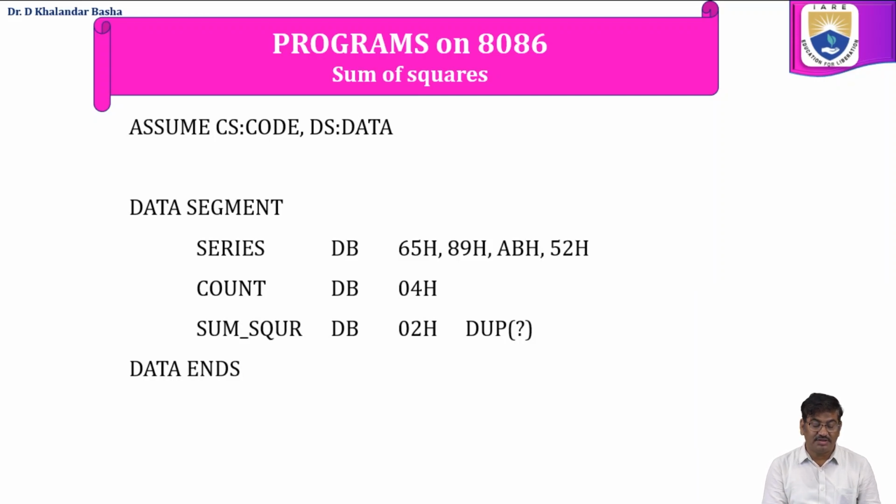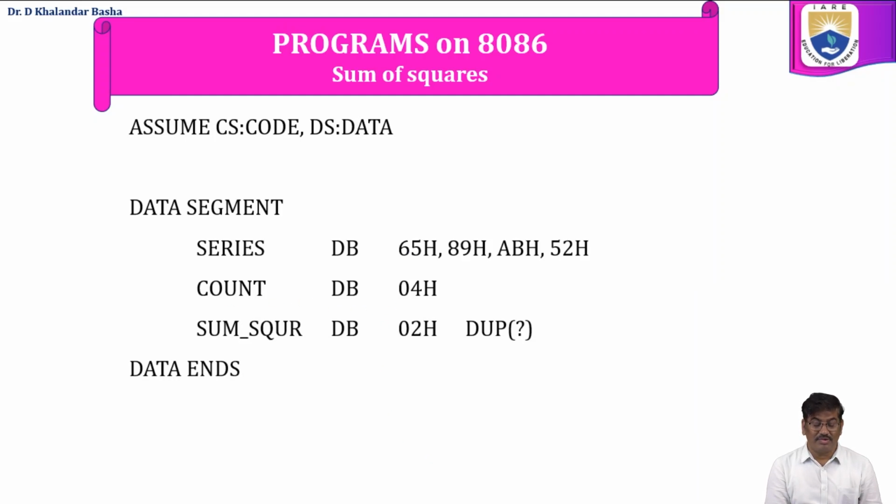So the first one is finding the sum of the squares. We write ASSUME CS:code, DS:data. Then we declare the data segment: data segment, series DB 65H, 89H, 0BH, 52H. As we have 4 entries, we write count EQU 04H.